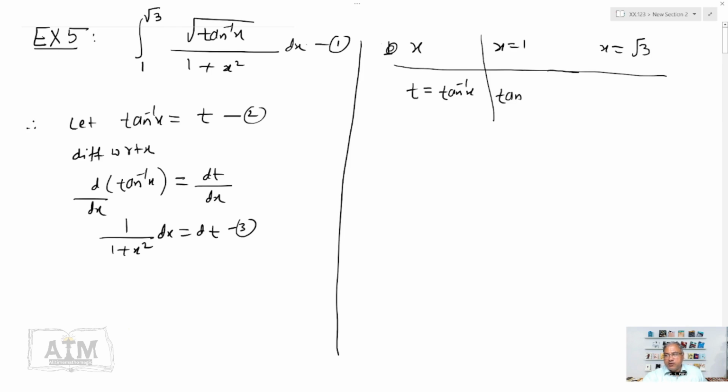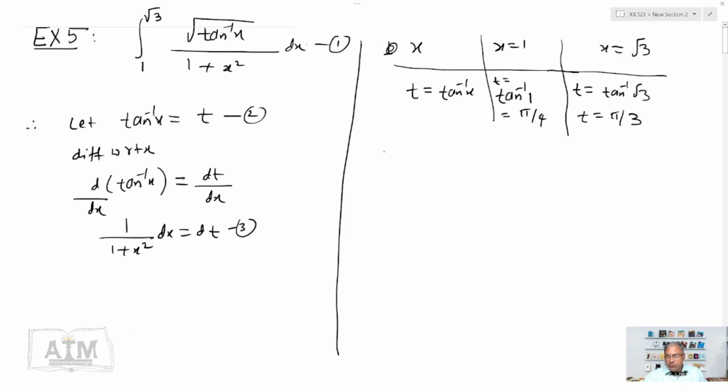So t equals tan inverse 1, that is equal to pi by 4, and t equals tan inverse of root 3, so that is t equals pi by 6, sorry, pi by 3.